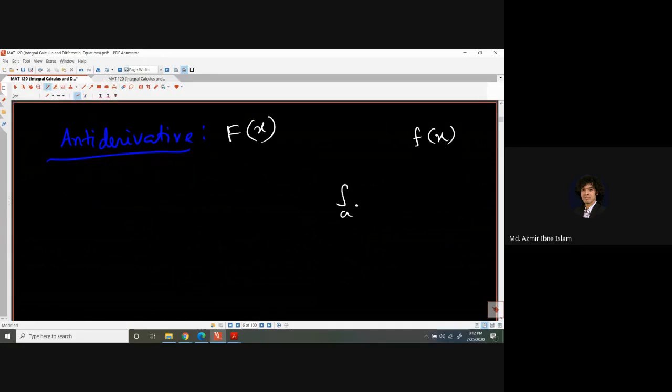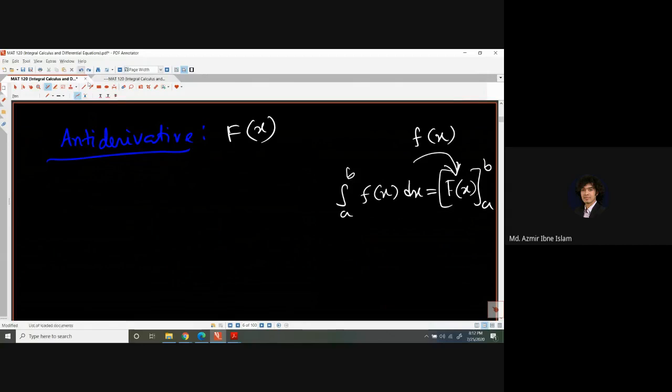If we integrate f of x with respect to x, we will get the antiderivative. So the process of finding the antiderivative is called integration.